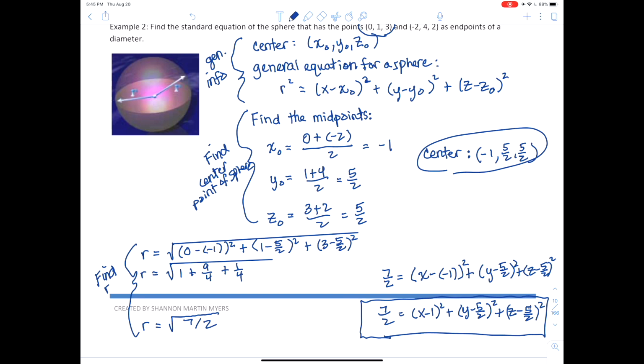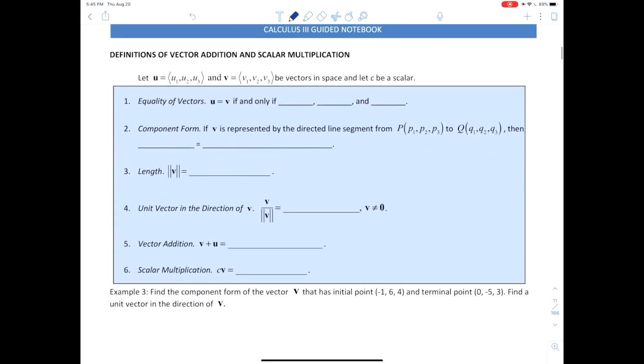So now we've got some definitions of vector addition and scalar multiplication. If we let the vector u equal u1, u2, and u3, and the vector v equal v1, v2, and v3, they're vectors in space. That means that ui and vi are real numbers, and c is a scalar.